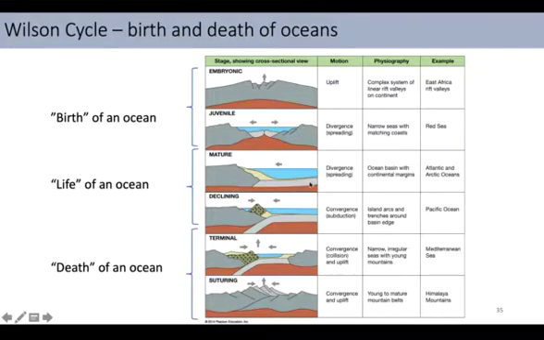And then eventually, what ends up happening is this oceanic crust is going to start subducting. So if we are getting rid of the ocean, or talking about the death of the ocean, as we say, that is when the oceanic crust is subducting underneath our continental crust, to the point where we actually run out of oceanic crust.